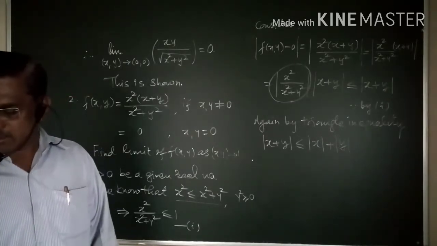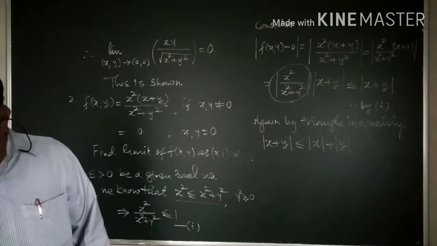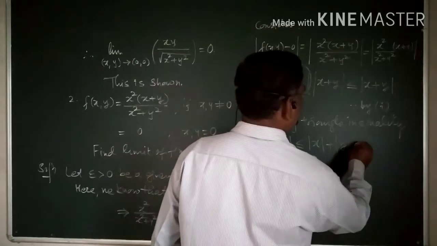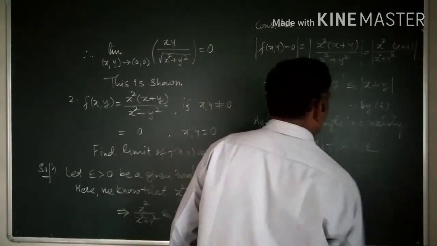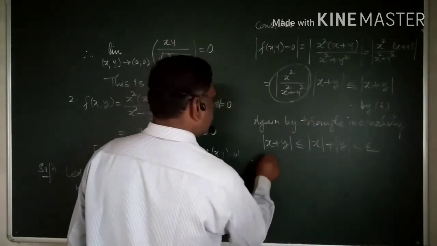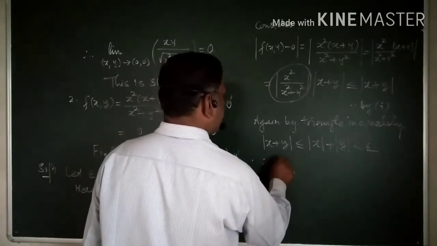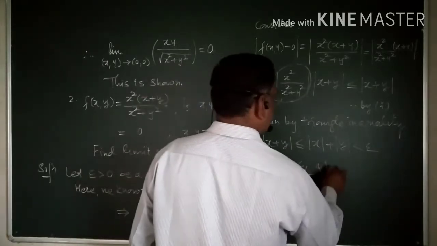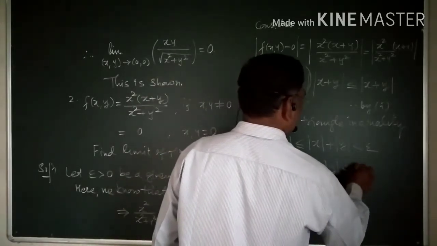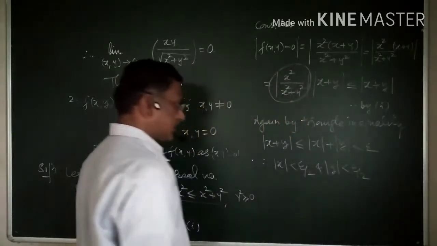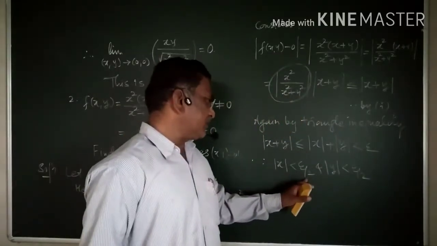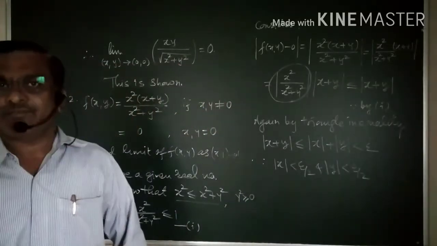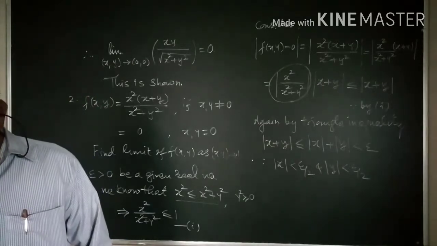Now I need this to be less than epsilon, and therefore the absolute value of x will be less than epsilon by 2, and the absolute value of y will be less than epsilon by 2. If this is less than epsilon by 2 and that is less than epsilon by 2, then the addition will be less than epsilon. That we know from algebra.